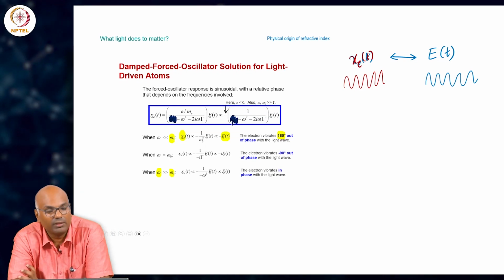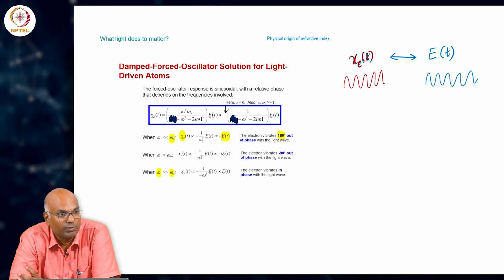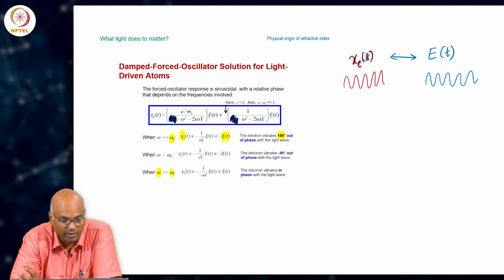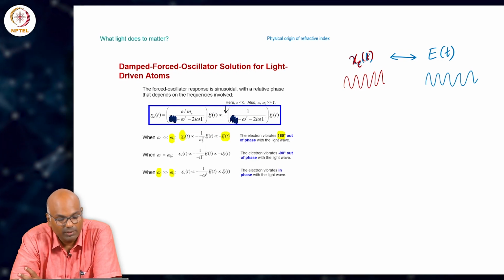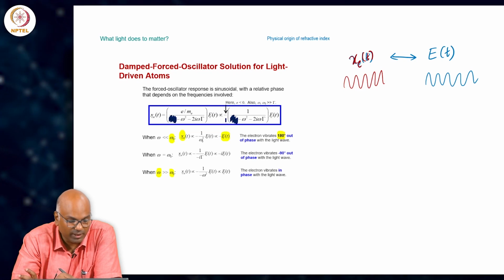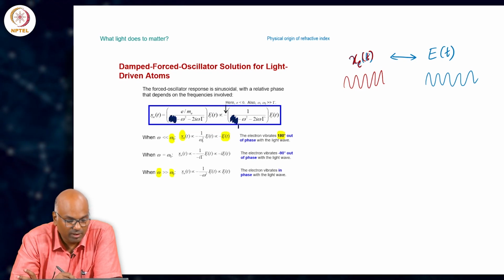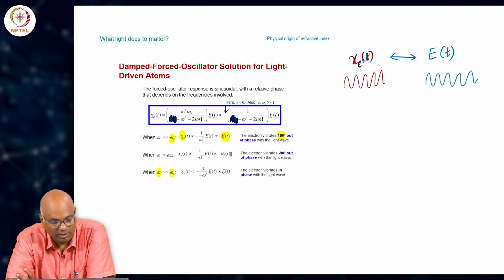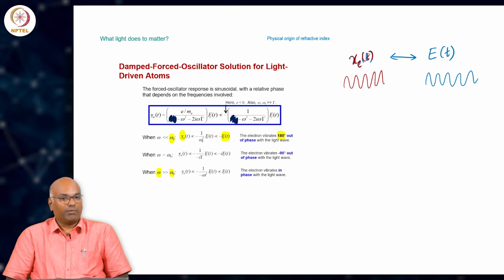The denominator is negative definite, if you wish. Omega naught square is negative, omega and gamma are positive numbers. So, the denominator's negative sign carries forward. There is also a negative sign right up there. In this condition, the electron vibrates in phase with the light wave.